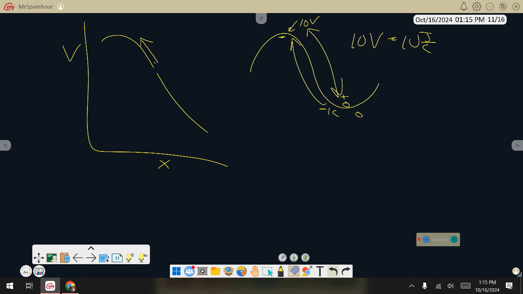We also get 10 joules. Either way, we get 10 joules of energy out. Do we care whether it's positive or negative? No, not really. This is 10 joules per coulomb going through this system. I don't care if it goes right to left or left to right. All I care about is that it powers my calculator or powers my computer. I don't care whether or not it goes left or right. I care how much energy comes out of this thing.